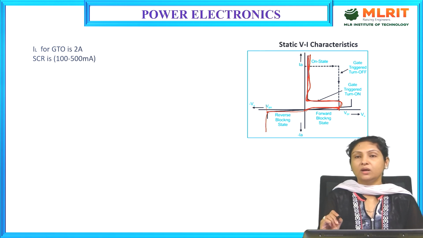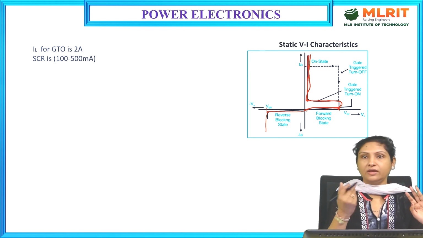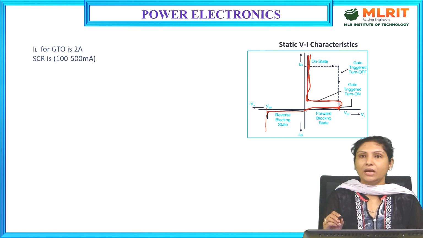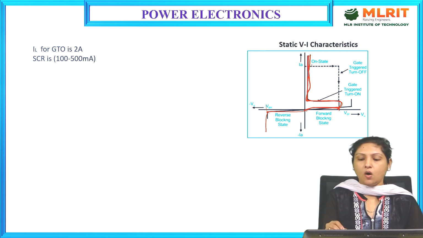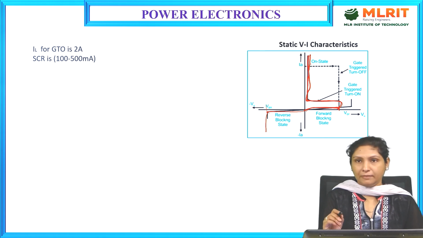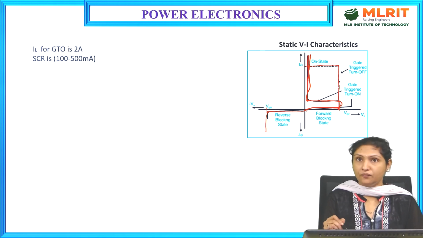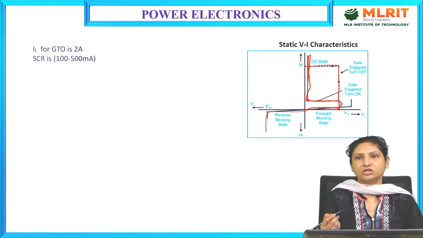And when we intend to turn off the GTO, what we do is apply a negative gate current pulse of about 20 to 30% of the forward anode current. In that case, we can bring this GTO into the off state, and the current will now be below the latching current or holding current of the device.